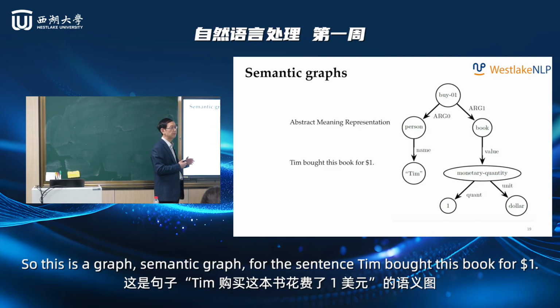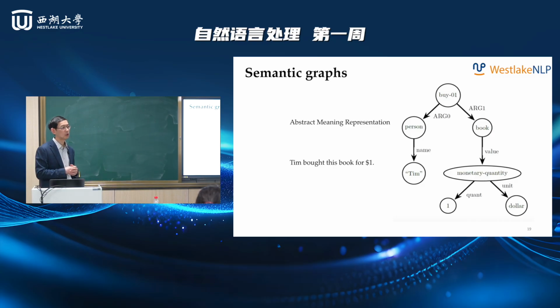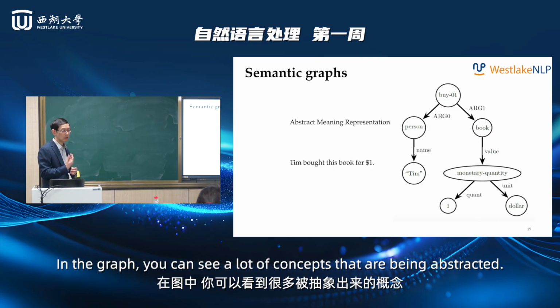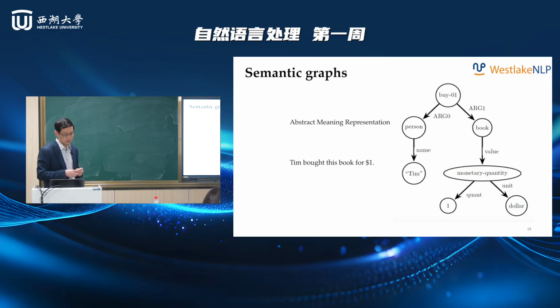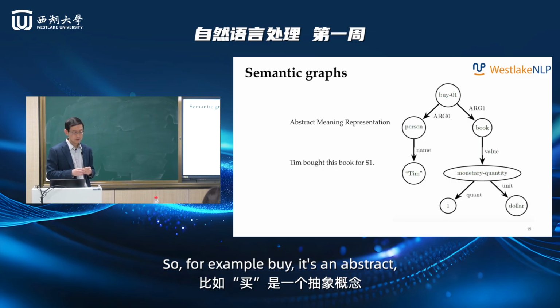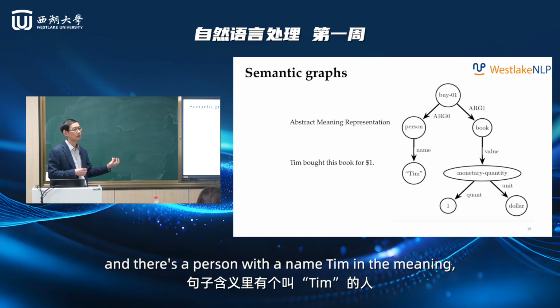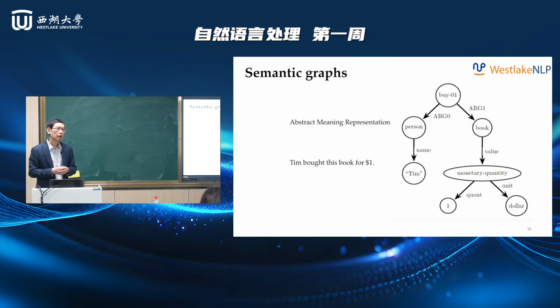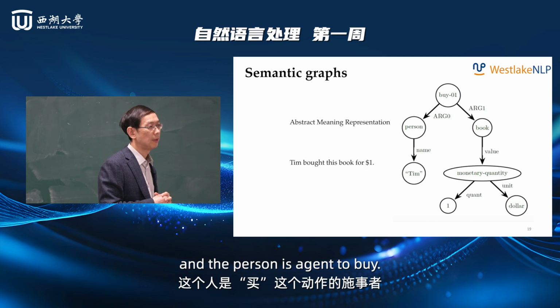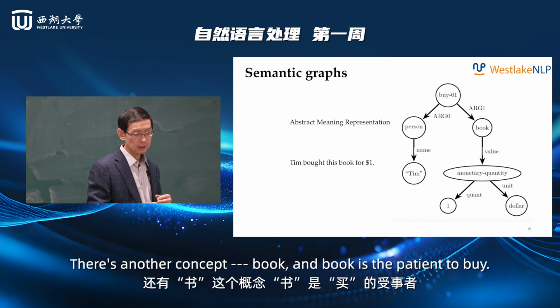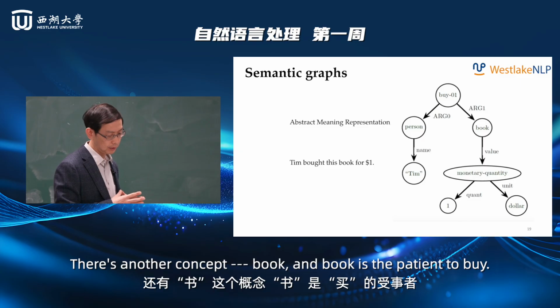So this is a semantic graph for the sentence, Tim bought the book for $1. Okay. In the graph, you can see a lot of concepts that are being abstracted. So for example, buy, okay, is an abstract. And there's a person with the name Tim in the meaning, right? And the person is the agent to buy. There's another concept, book.